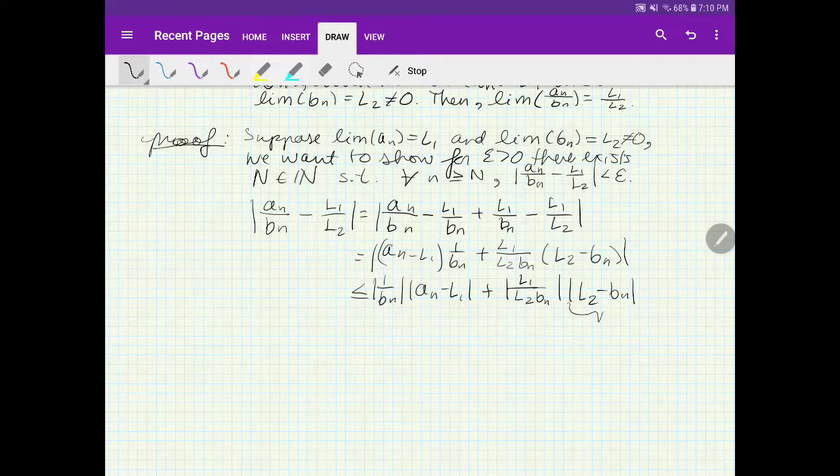Now this part isn't exactly in the format that we'd like, so because it's an absolute value, we can go ahead and switch the order since the absolute value of their difference is equal either way. So now this is b sub n minus L2, and this was by the triangle inequality.